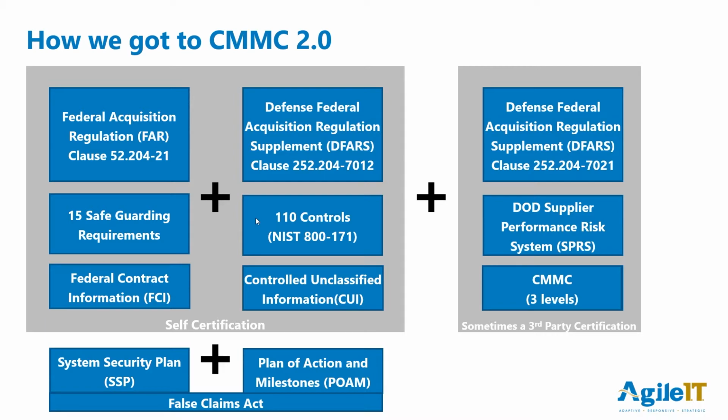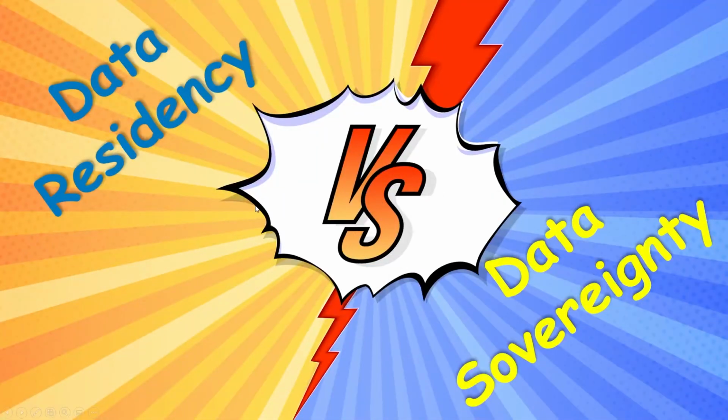So the next thing I want to talk about is data residency versus data sovereignty. This is going to be really important in about 2 slides. Data residency is something you hear about when you hear about GDPR, in terms of citizens of a country where their data must reside in a certain place.